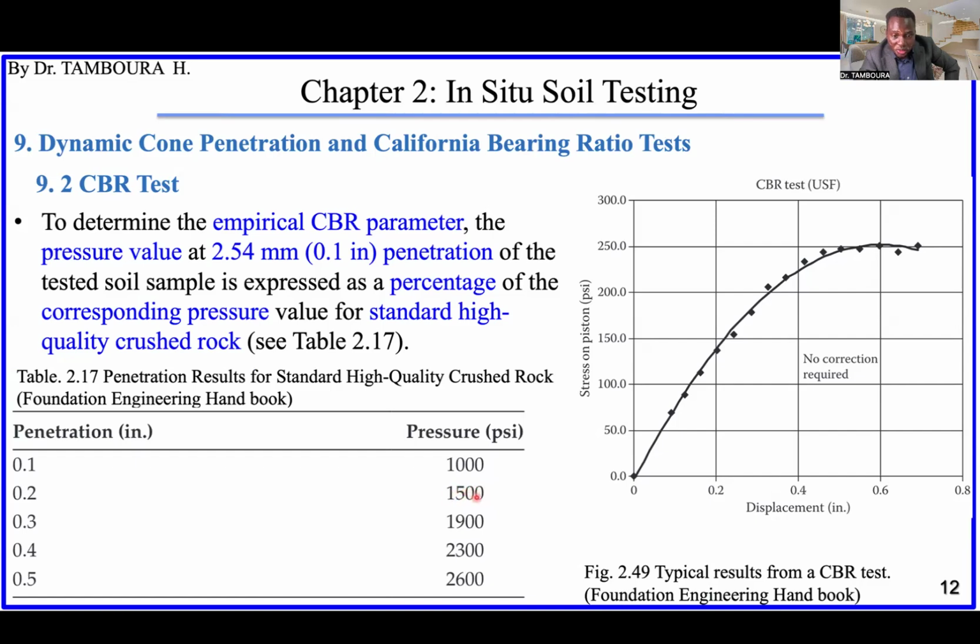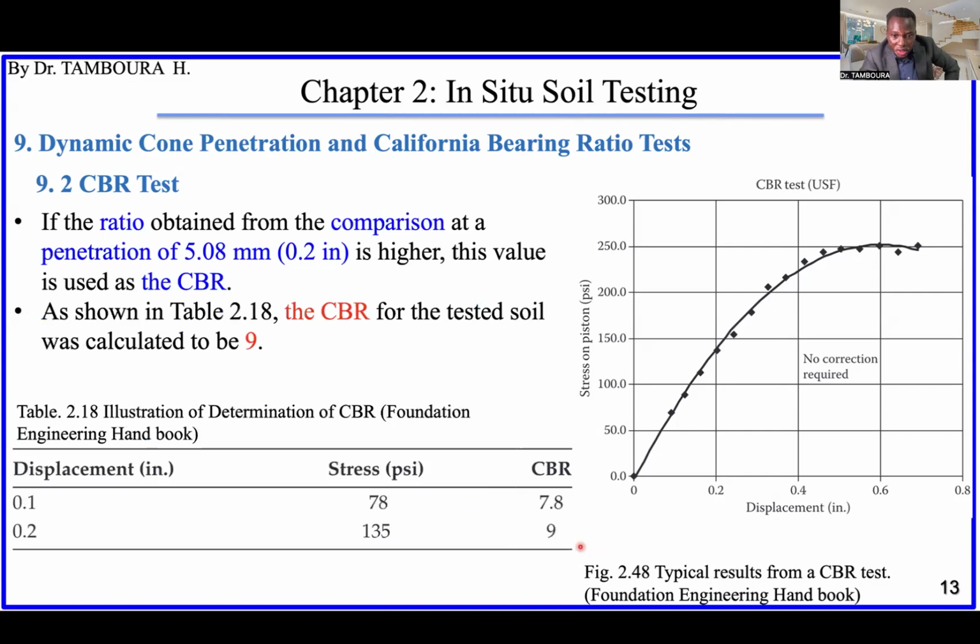You do it by yourself, you will see that you will obtain about 9. So the highest one is 9, so we maintain this one. As it says, if the ratio obtained from the comparison at penetration of 0.2 inches is higher, this value is used as the CBR. So for this soil sample, the California bearing ratio is 9.